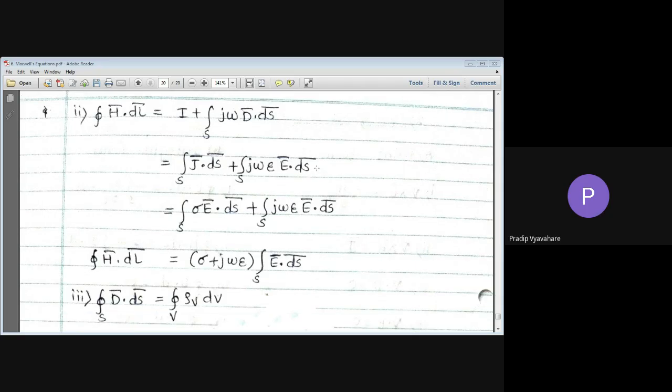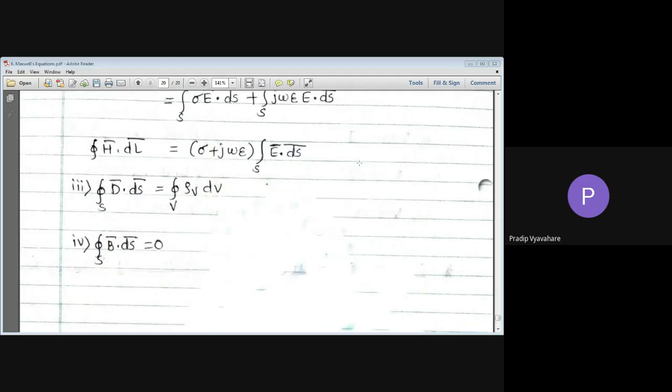Then we get the surface integral of J bar ds plus the surface integral of jw epsilon E bar ds. Simplifying, the value of J bar is sigma E bar, so we get the closed integral of H bar dl equal to sigma plus jw epsilon, in brackets, times the surface integral of E bar ds.